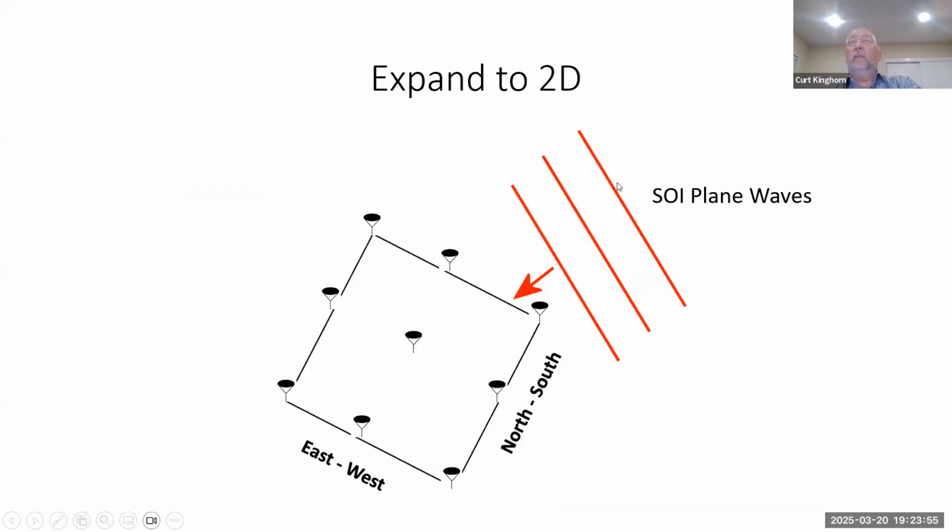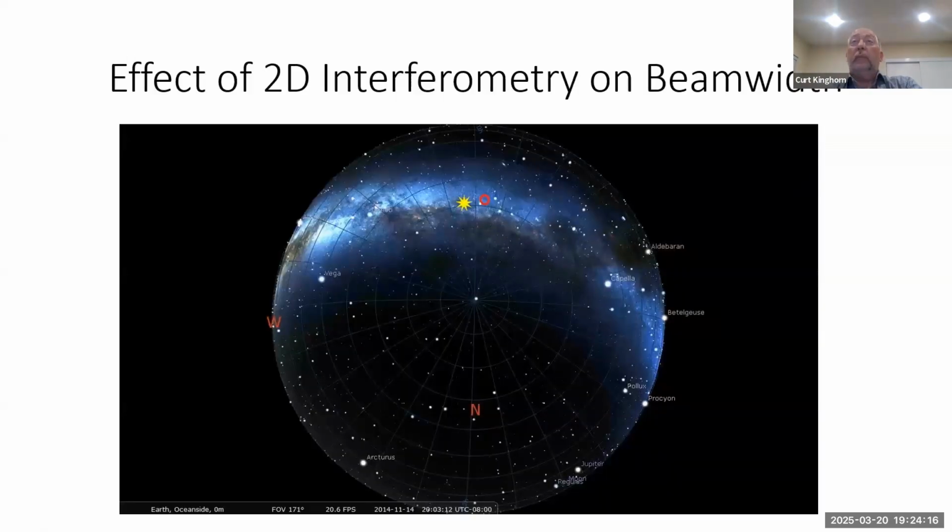And if I expand that to two dimensions, meaning I have antennas not just, for example, along the east-west axis, but I include north-south, so in other words, there's X and Y, then I can get even more resolution and narrow that down, let me show you the picture, so that it's much smaller in all the dimensions.